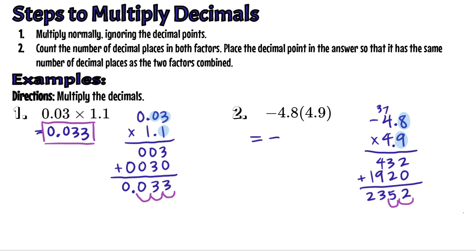So our decimal point is going to be in between the 3 and the 5. So our answer is going to be 23.52, but remember, it's a negative. So it's negative 23.52.